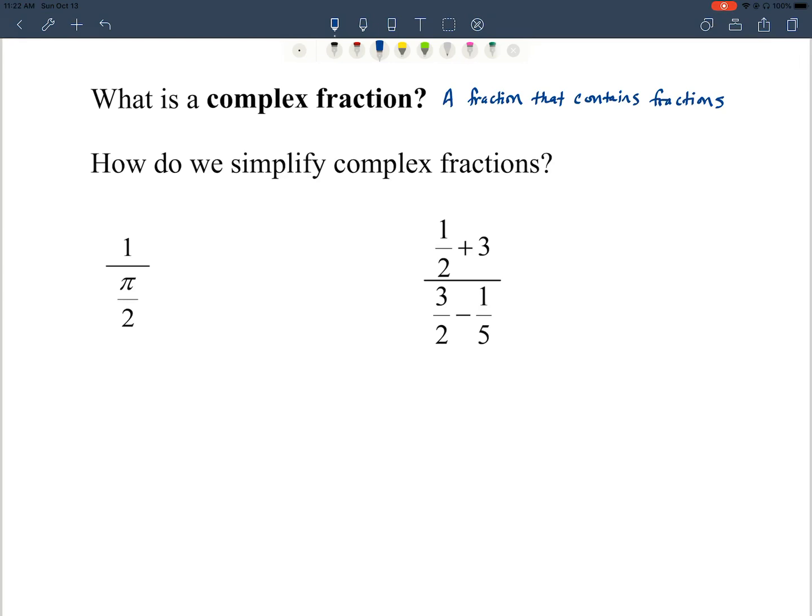So how do we simplify complex fractions? Well, I'll list it out in steps here, just for those of us who appreciate a procedure and thinking about things step by step. First thing we want to do is identify the least common denominator for all of the fractions in the expression.